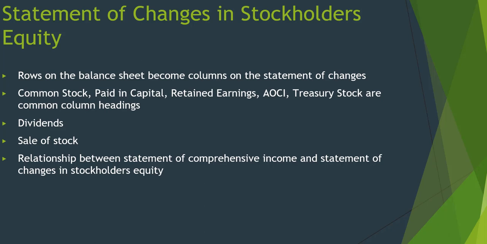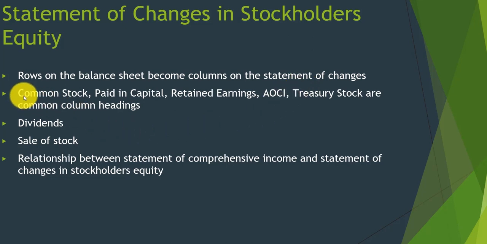Statement of changes in stockholders' equity. The rows on your balance sheet become columns on the statement of changes. So what it's measuring is all of the changes of the accounts in stockholders' equity.